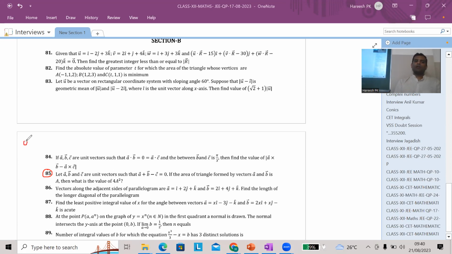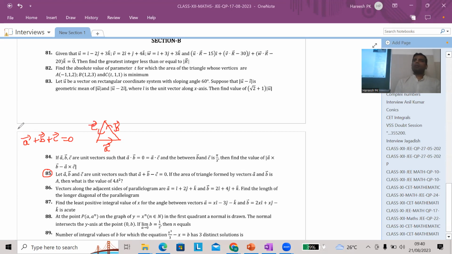Whenever you see A plus B plus C equal to 0, the moment you see this, you should understand that vector A, vector B, vector C form 3 consecutive sides of a triangle in cyclic order.